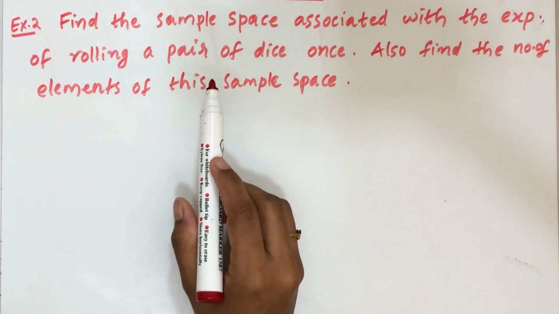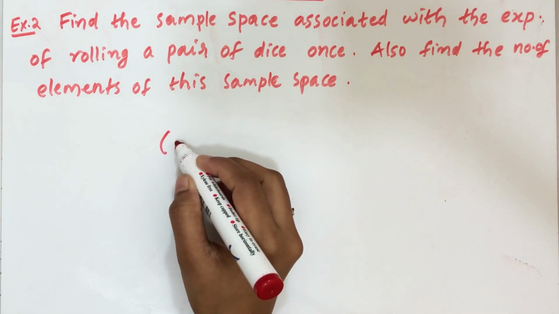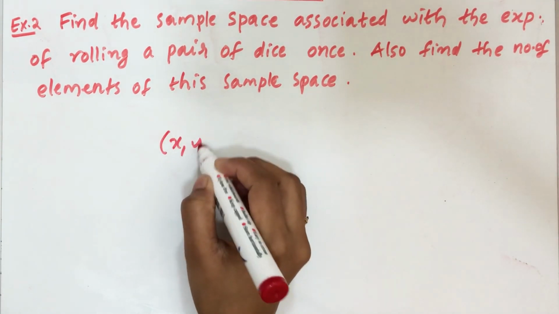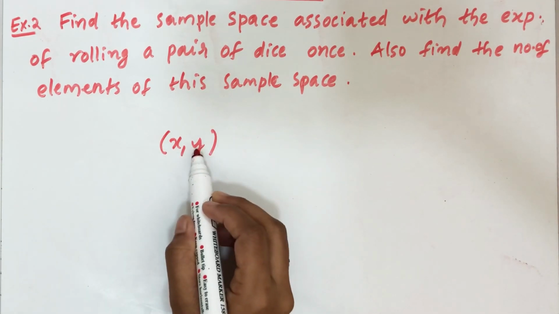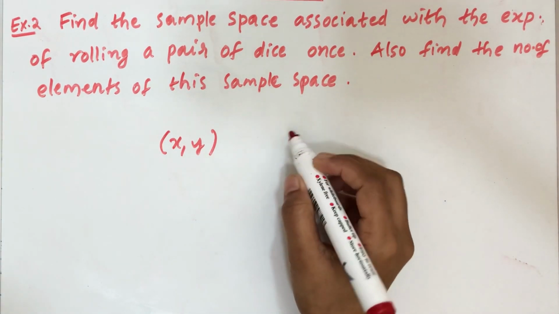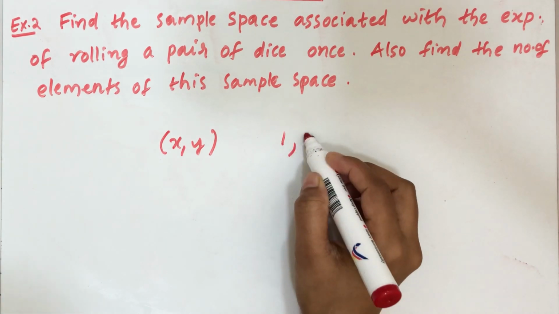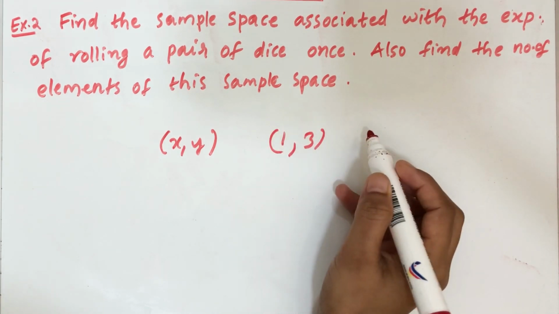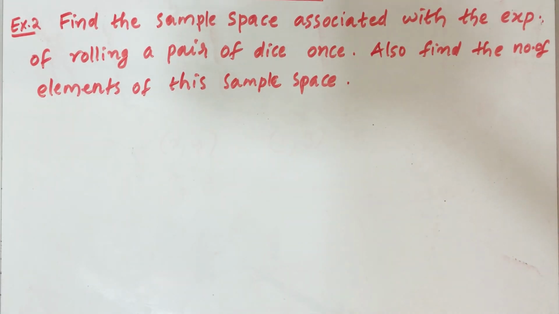For two dice, we can write the outcomes as ordered pairs (x, y), where the first element is the number on the first die and the second element is the number on the second die. For example, if the first die shows 1 and the second die shows 3, we write (1, 3).